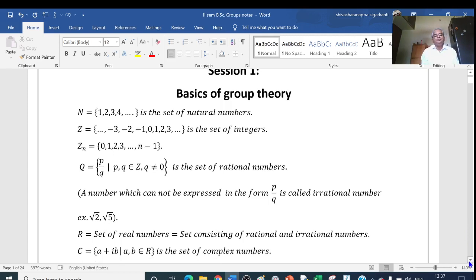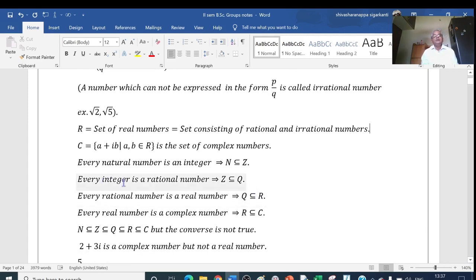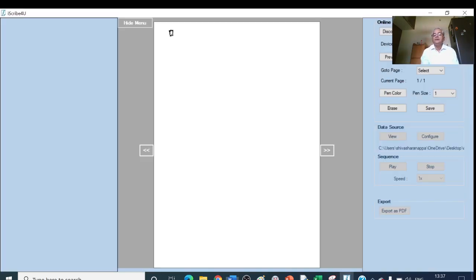And we have every integer is a rational number. So, for example, if I take 2, this is an integer. 2 is an integer.